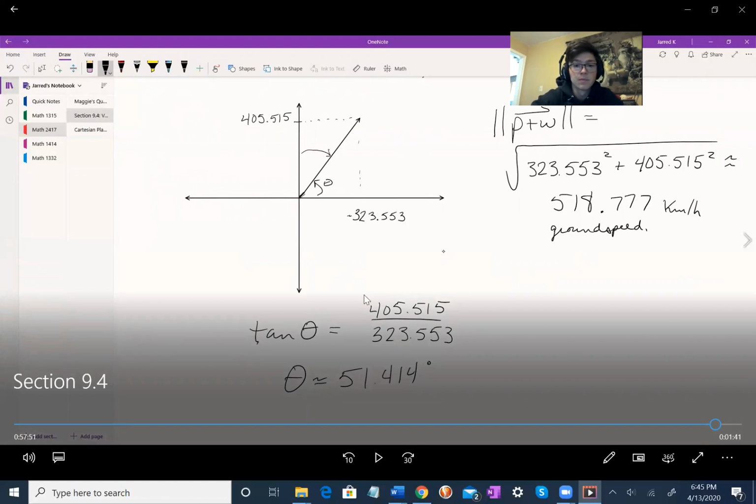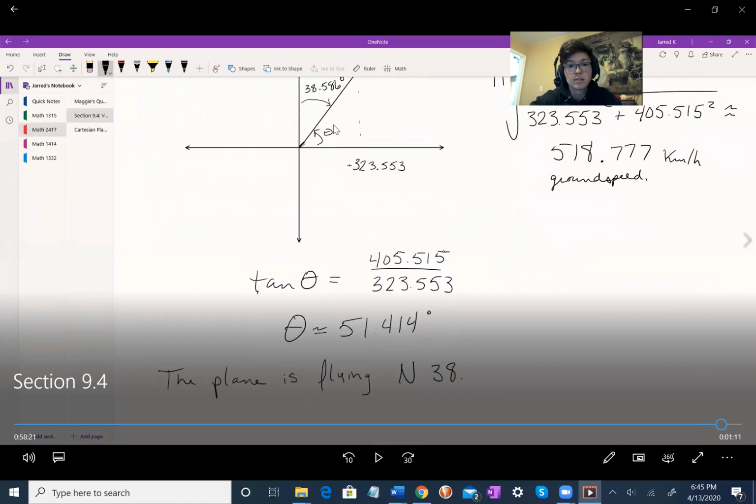So this is the theta that we're approximating, because remember, vertical component was this, horizontal component was this. So this is the theta we evaluated to be 51.414. But when it comes to the compass, remember, we start at north and then we move.